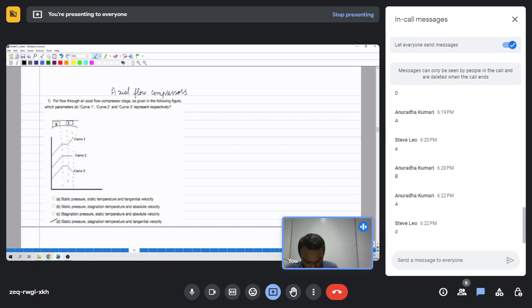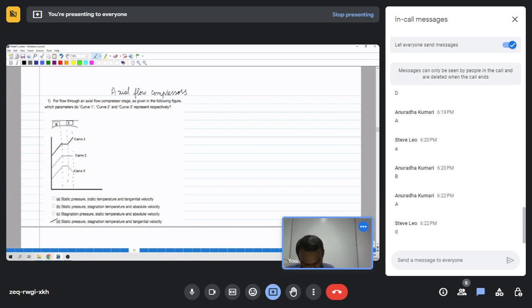The first curve, static pressure, increases during the rotor stage and then remains constant, and then again increases during the stator. How does it increase here? Because the stator will reduce the velocity and increase the pressure, right?